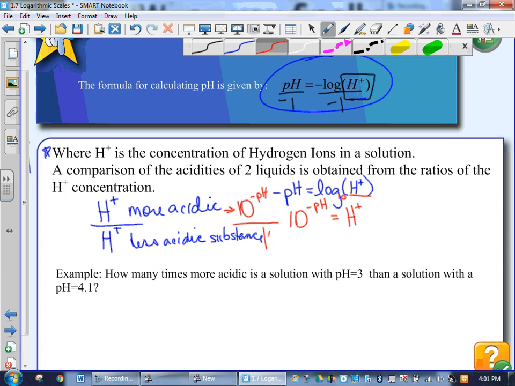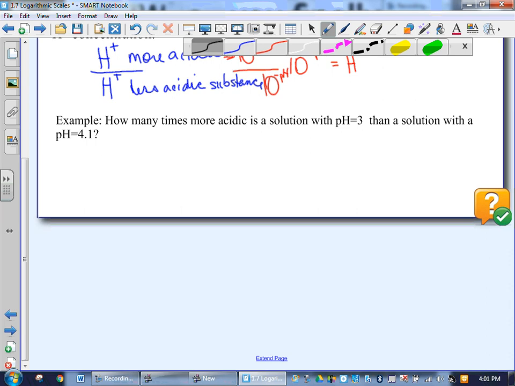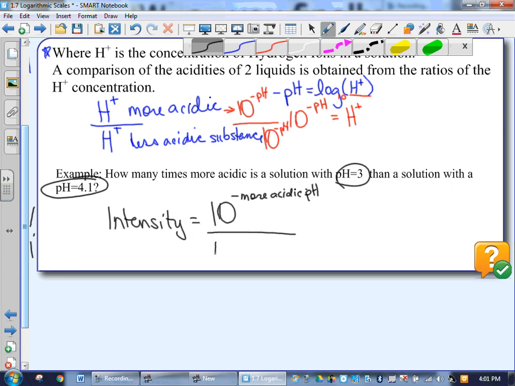So how is this going to look? If the question says how many times more acidic is a solution with a pH of 3 than a solution with a pH of 4.1, what I can do is say the intensity is equal to 10 to the power of the negative more acidic pH divided by 10 to the power of the negative less acidic pH.